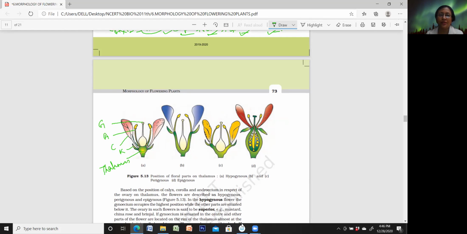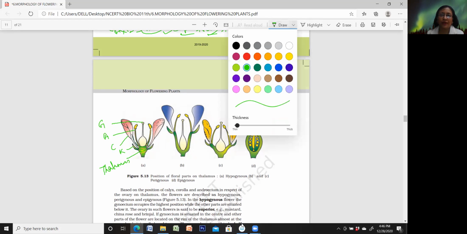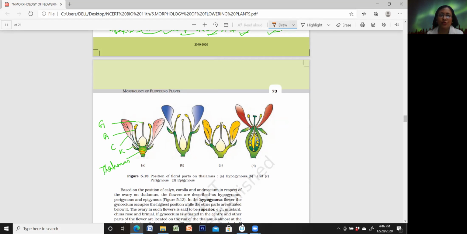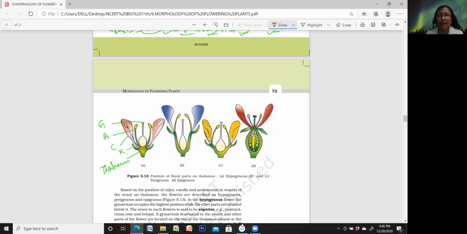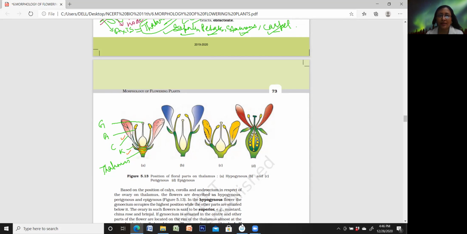Now, if you look at this thalamus, it must also have nodes and internodes. Right now, I'm just trying to tell you how this flower is a modified and condensed shoot. If you look at this diagram, you can see that the thalamus must have these nodes and internodes. So from some node only calyx arose, corolla arose, androecium arose, gynoecium arose.